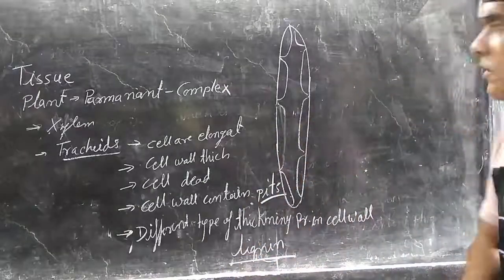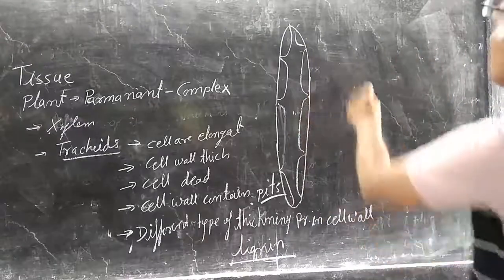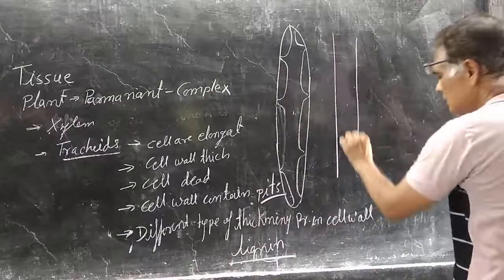Lignin is a type of carbohydrate, और उस लिग्निन का डिपोजिशन कहाँ होता है? अंदर सेल वॉल के अंदर की तरफ होता है ये पूरा. तो different types of thickening is present. अलग अलग तरह की थिकनिंग होता है.